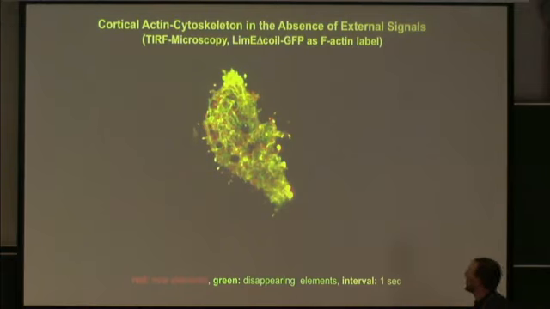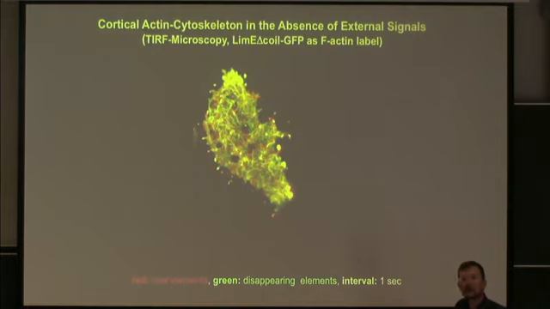So here we look at the cortex of a Dictyostelium cell that shows very different patterns. This is a pseudo-colored image where you merge two subsequent frames of a sequence, one colored in red, the other in yellow. Whatever appears in yellow is stationary, and we have elements in green that disappear between frames.